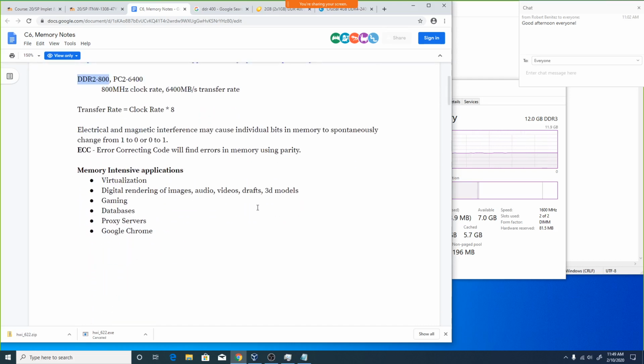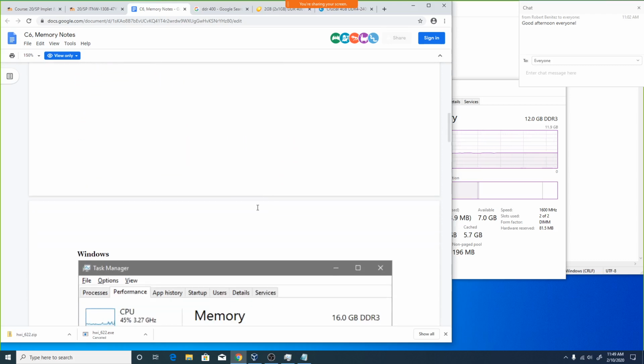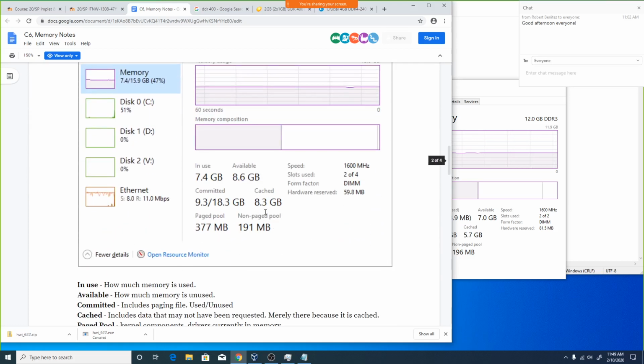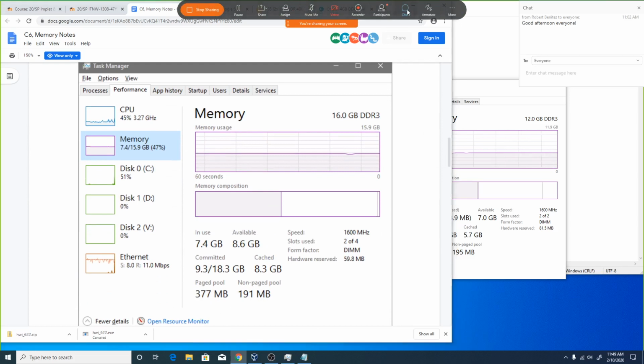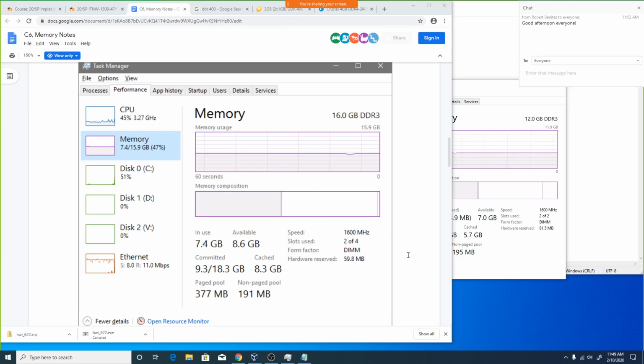So front side bus is not that. That's transfer speed, which is multiplied by 8. Front side bus is the other direction. 800. Yep. Front side bus is always half of your memory speed, and that's because the D in DDR stands for double. And the transfer speed on 1600 megahertz would be 8 times 16, which is 64, 12,800.